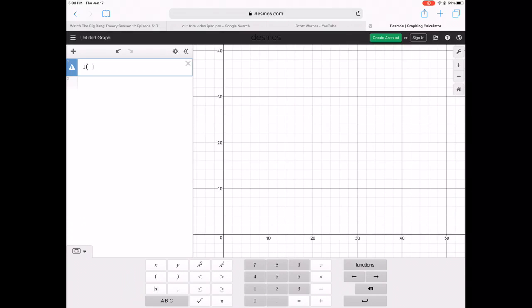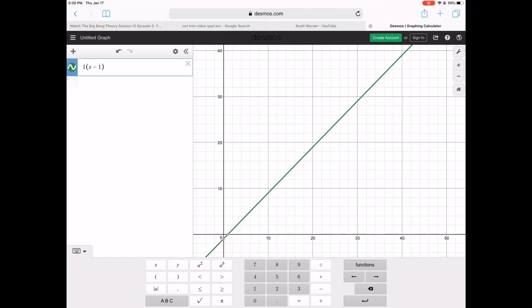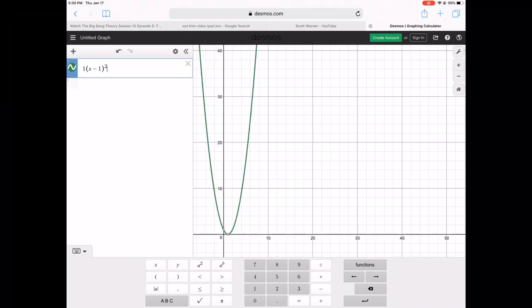But if you don't solve for a, it would look something like this: x minus 1 squared, minus 2.